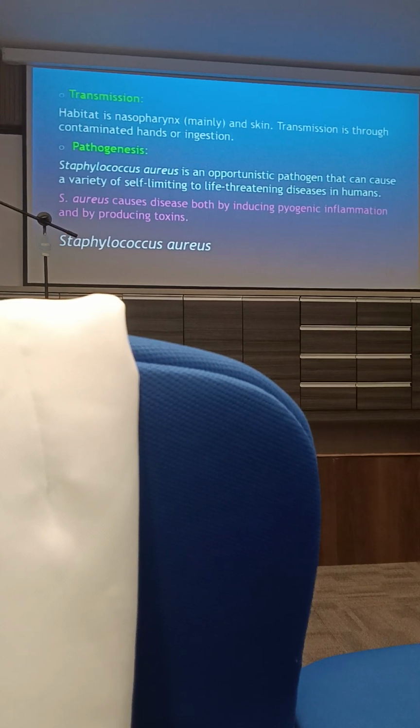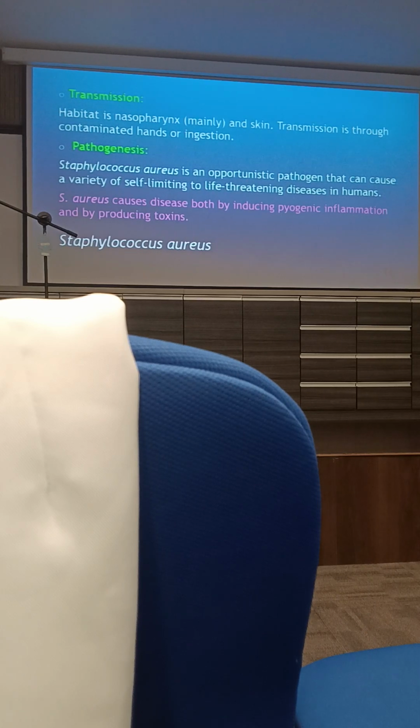Generally, all organisms, when you learn in your first semester, you go organism by organism. When you want to learn the part on transmission, you must think of the habitat, from where, and how it's transmitted.